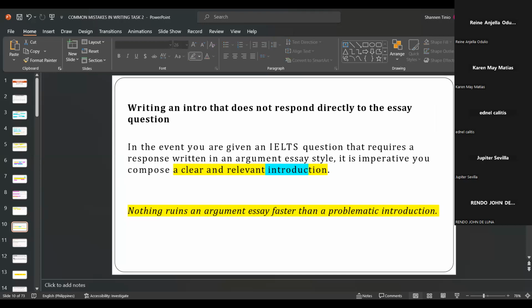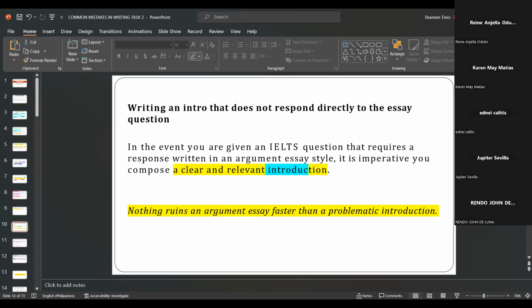Actually, I can share with you yung material namin ng student ko when it comes to essay writing. Mga bata kasi yung estudyante ko, so ganyan siya ka-cute yung mga presentation namin.